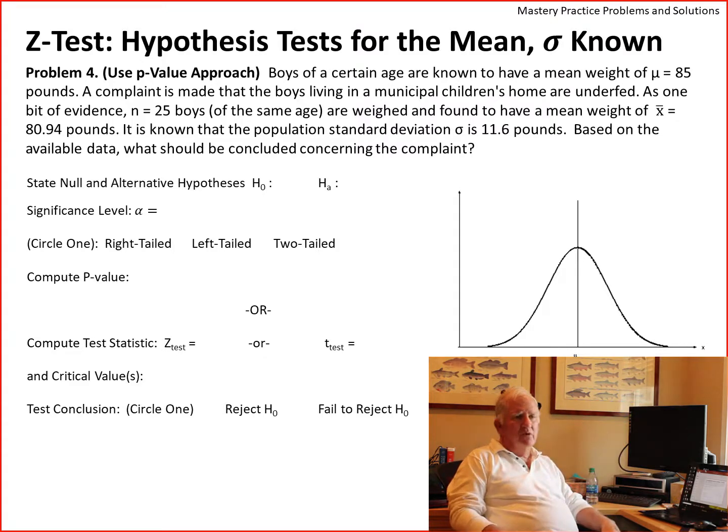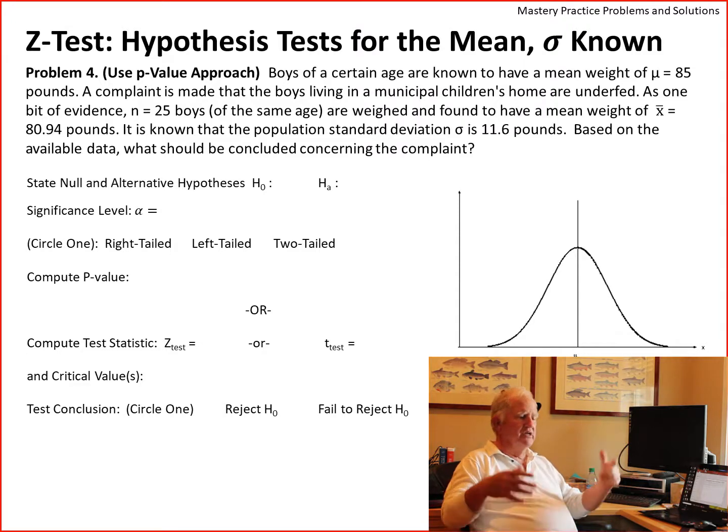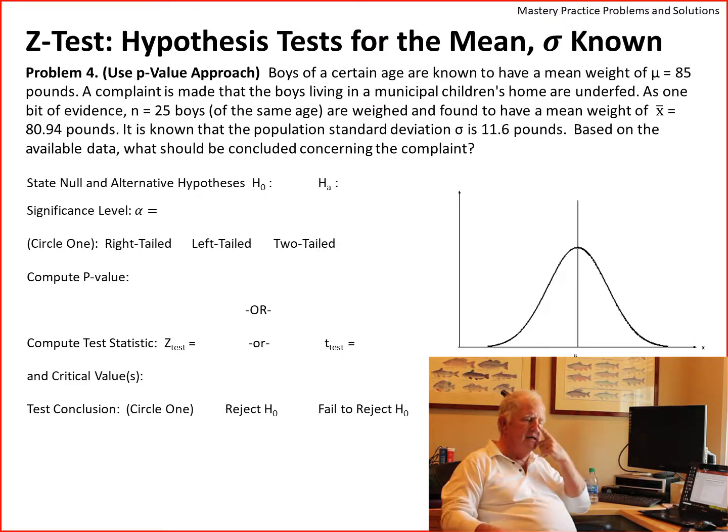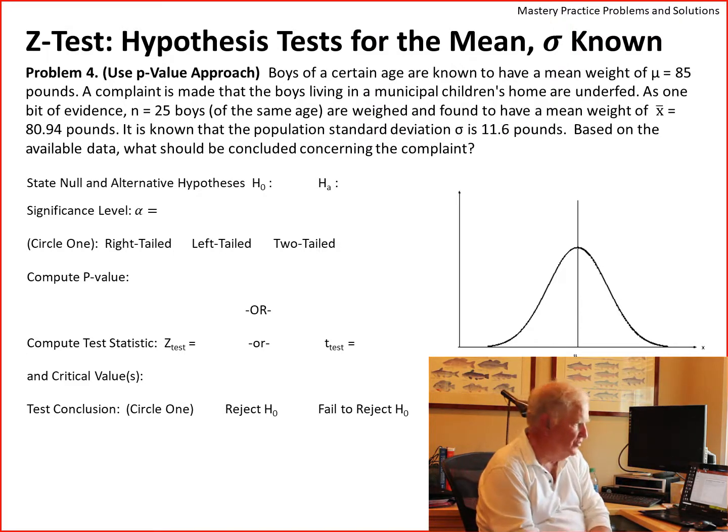So if we were going to do this through the traditional method, we'd state the null and alternative hypotheses. We'd pick whether this is a right, left, or two-tailed test. We'd calculate a test statistic and a critical value, lines in the sand and a test statistic, and we'd compare the two to see if our test statistic fell in the critical region or in the non-critical region.